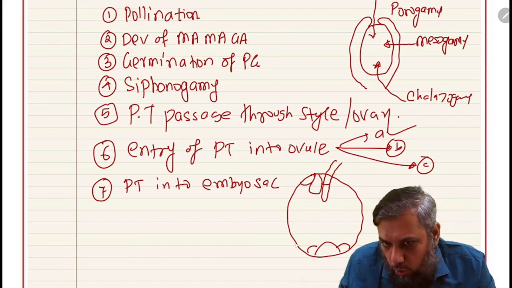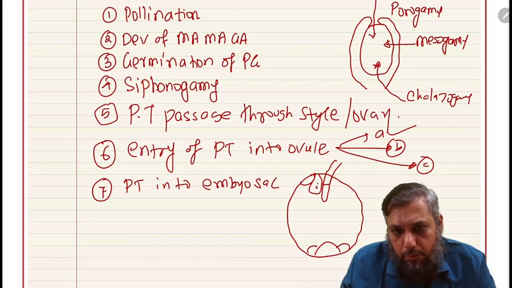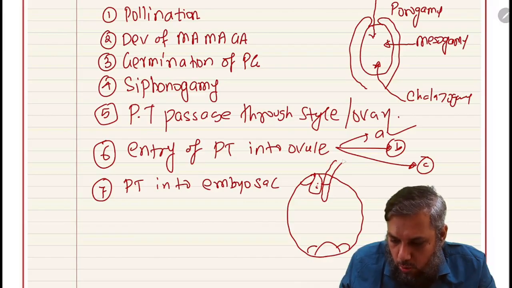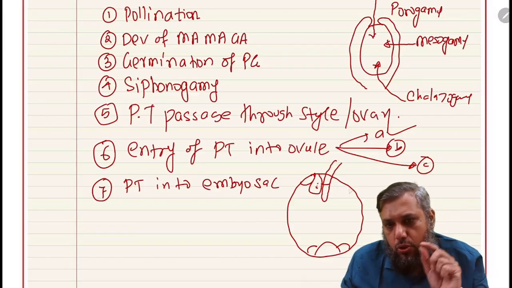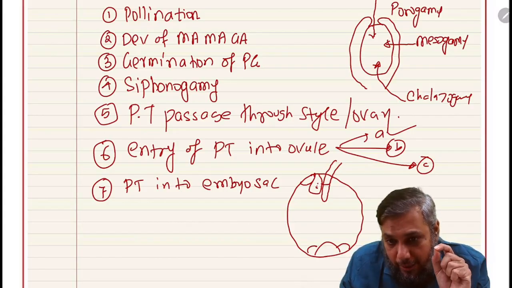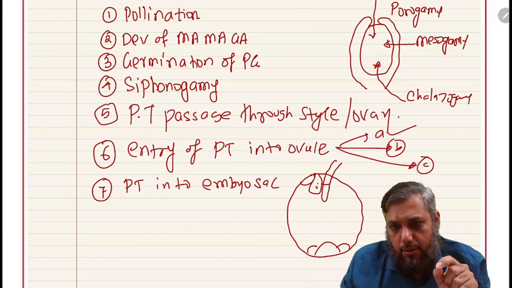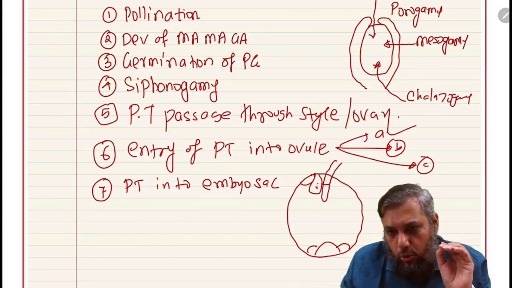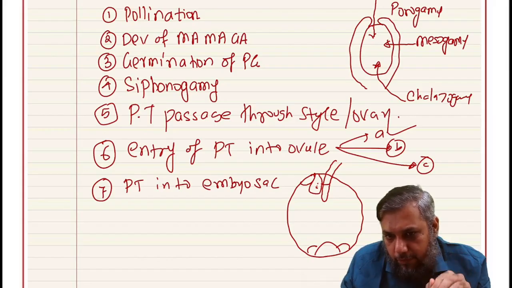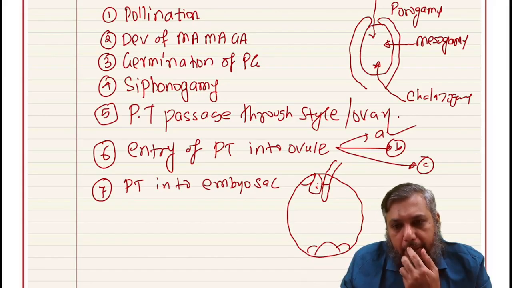I have drawn an orthotropous ovule. That is why this is the position of the egg at the top. So now the pollen tube entry into the embryo sac is through one of the degenerated synergids, where the pollen tube enters with the help of the filiform apparatus, and that particular synergid is going to degenerate.